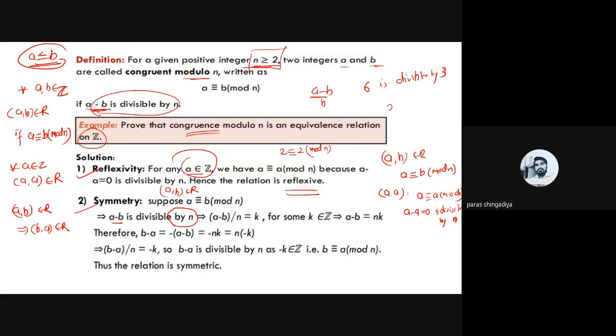We can consider 6 as 3 into 2, the factor form. Here 3 is the n. So A minus B is divisible by n, and it can be written as A minus B divided by n is equal to k.